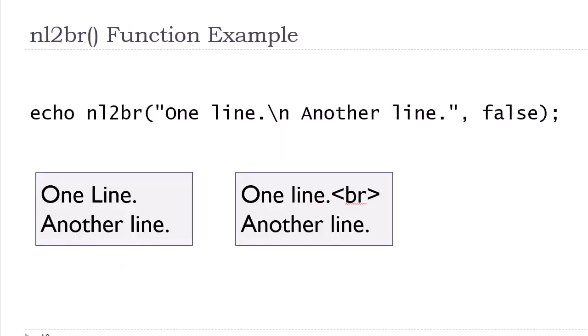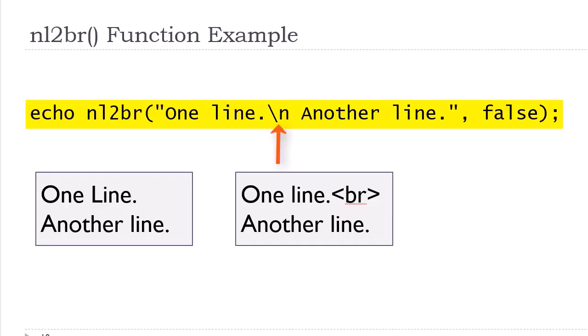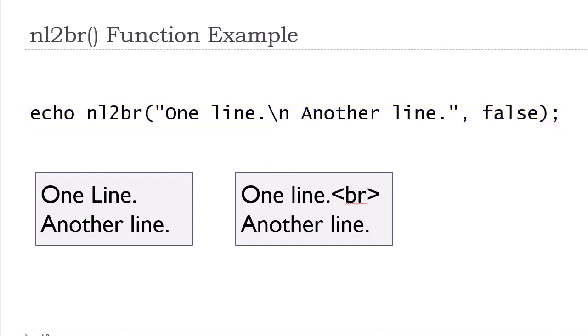Here is an example of using the newline to break function. We have an echo statement. Our statement is being passed to this function along with the false parameter. Inside the string, the \n escape sequence creates a new line. A new line means the text moves to the next line.